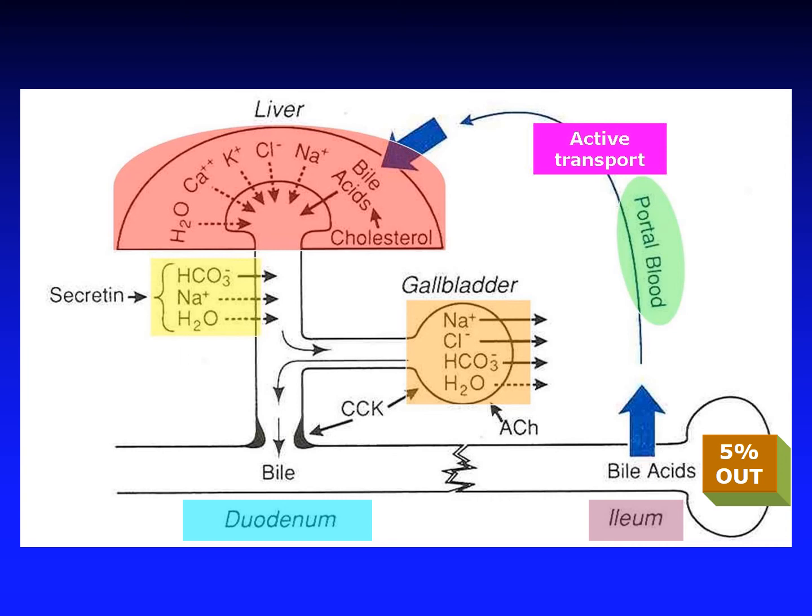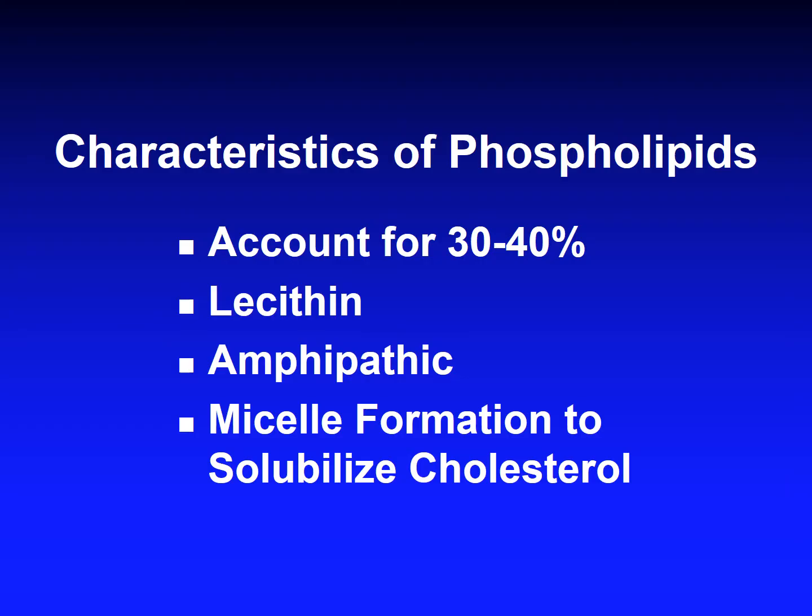Now, the second organic component of bile secretions is the phospholipids. It's about 30 to 40%. Bile acids are about 50%, and this one is about 30 to 40%, for a total of about 90%. And lecithin is amphipathic, which means it has both charged and uncharged parts.